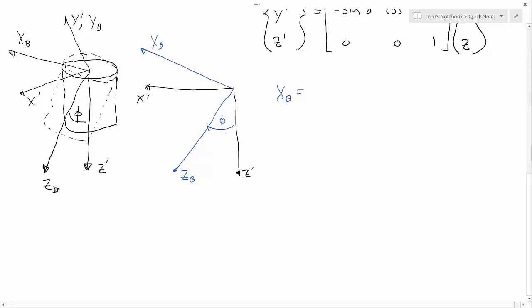So what do we have? XB, how about cosine phi X prime plus, minus sine phi Z prime.